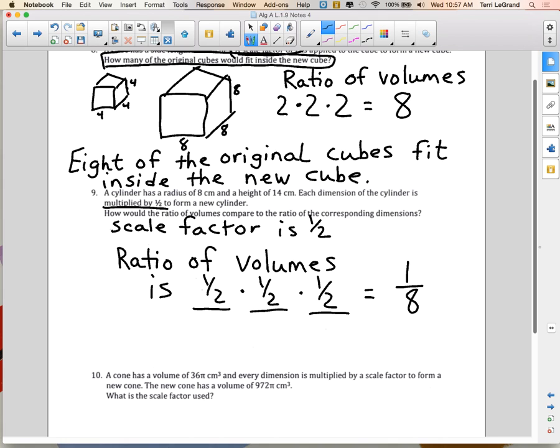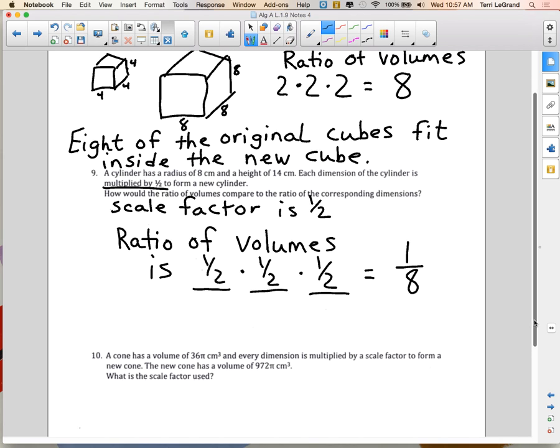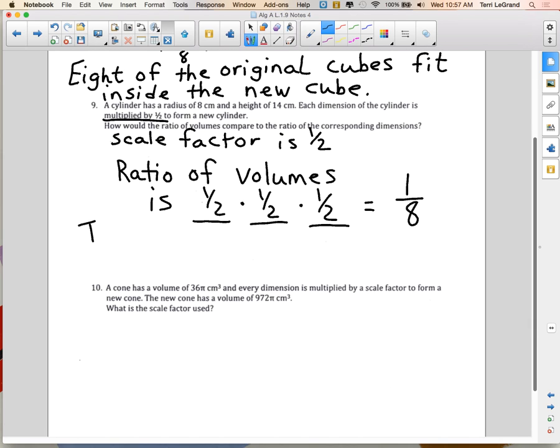And we got it by doing what? We cubed the scale factor. Yeah, we cubed the scale factor. Okay. So remember, we're going to say the new cylinder. How does it compare?